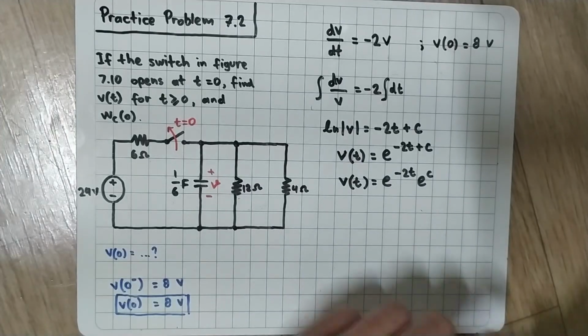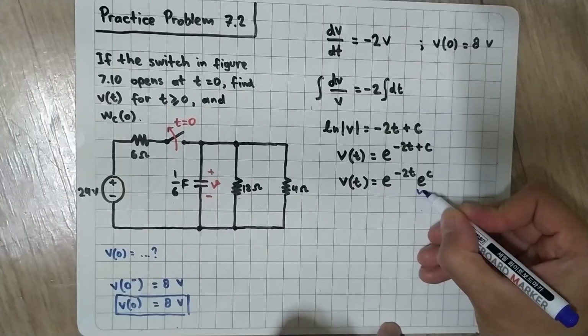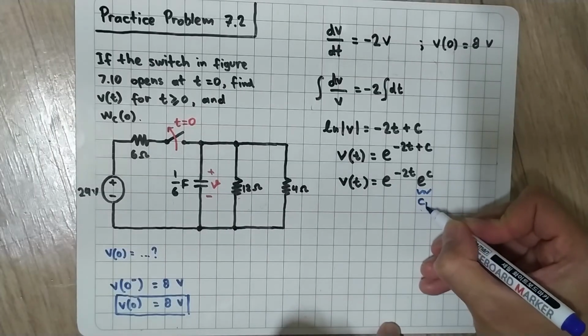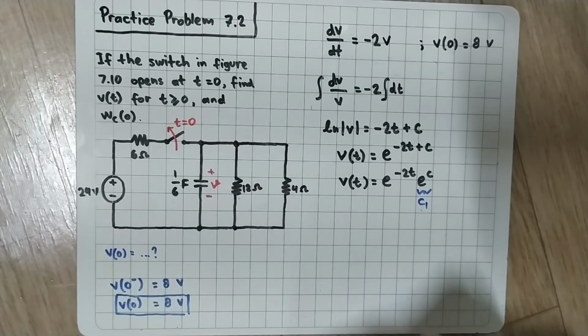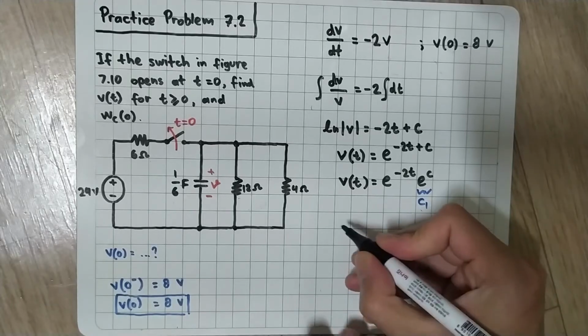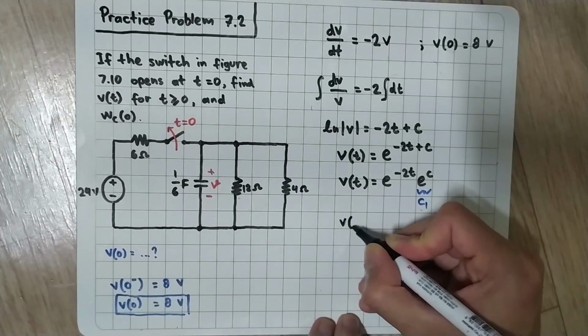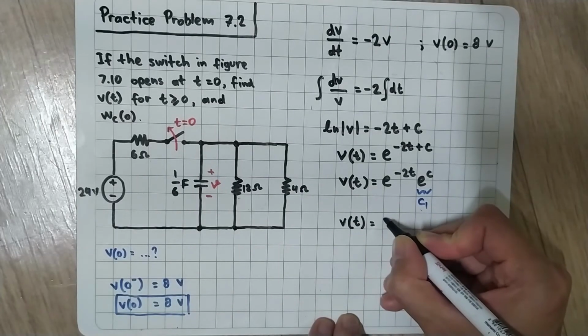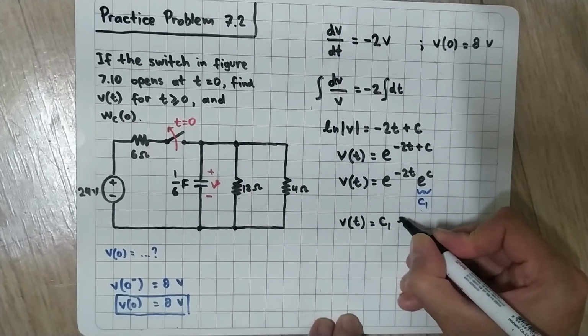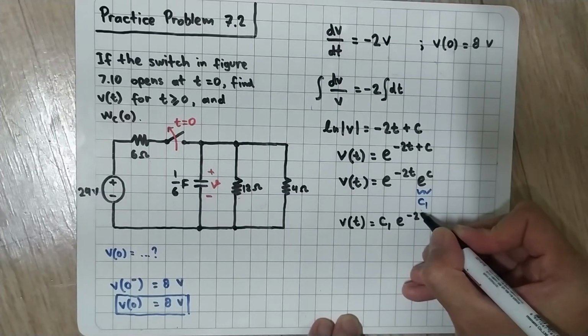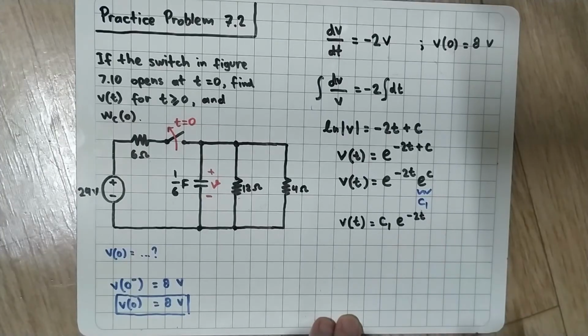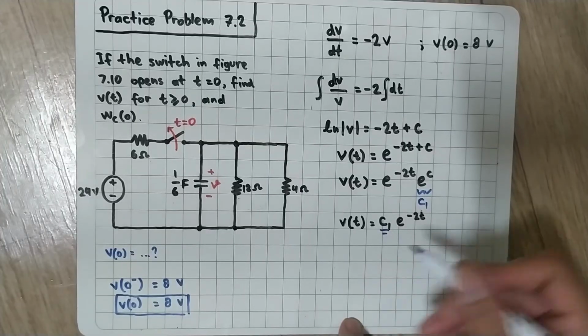Okay, let's rename e to the some constant as a constant c1 maybe, because it is also a constant, so it does not matter. So I will have v of t is equal to c1 e to the minus 2t.